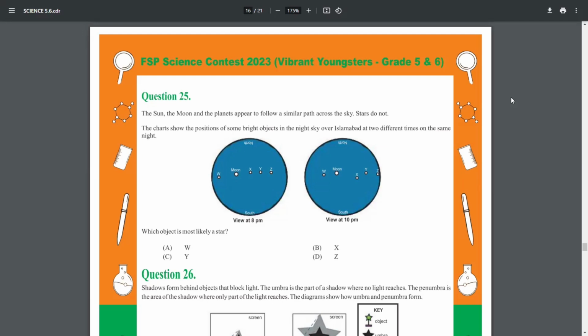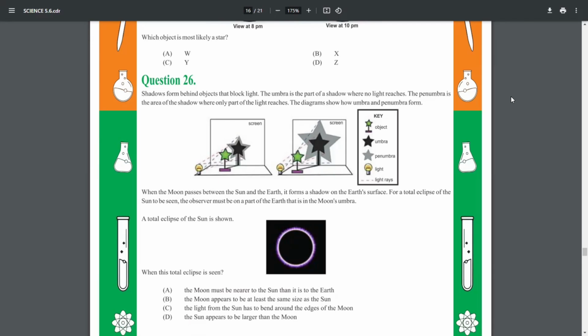X. Question 26. Shadows form behind objects that block light. Umbra is a part of a shadow where no light reaches. Penumbra is the area of the shadow where only part of the light reaches. The diagram shows how umbra and penumbra form.